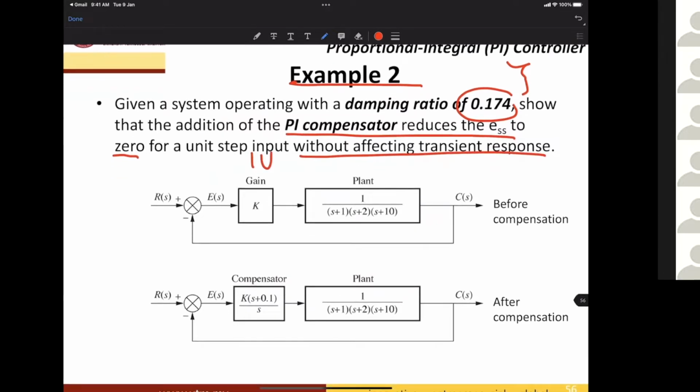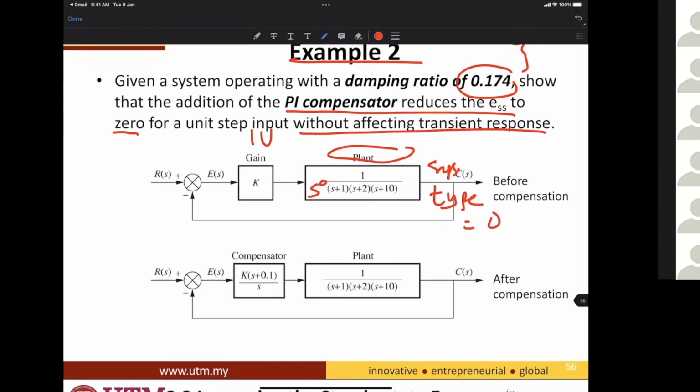So ini adalah dia punya plant. Kalau kita lihat plant dia, dia type apa ni? Sistem type dia apa? Type 0, sebab dia adalah S kuasa kosong. So dia punya strategi before compensation macam ni, and after compensation macam ni.